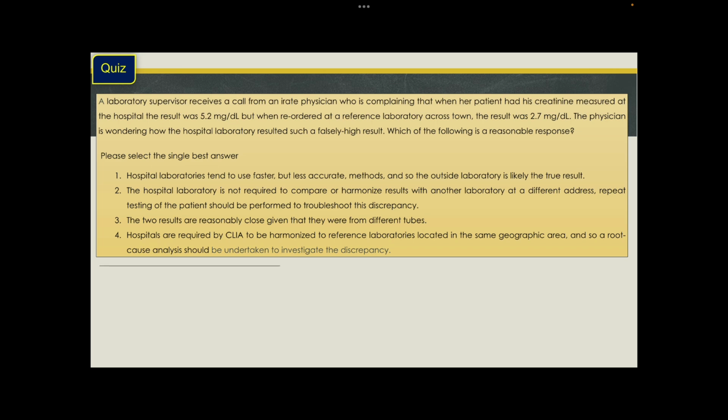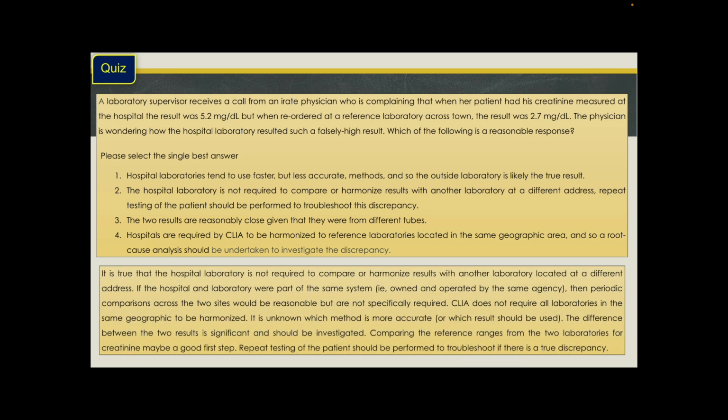The answer. It is true that the hospital laboratory is not required to compare or harmonize results with another laboratory located at a different address. If the hospital and laboratory were part of the same system, i.e., owned and operated by the same agency, then periodic comparisons across the two sites would be reasonable but are not specifically required.